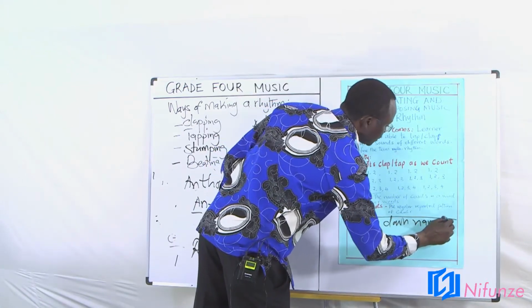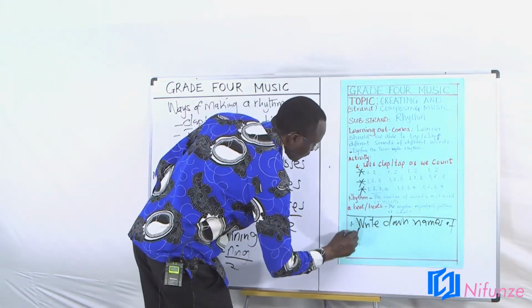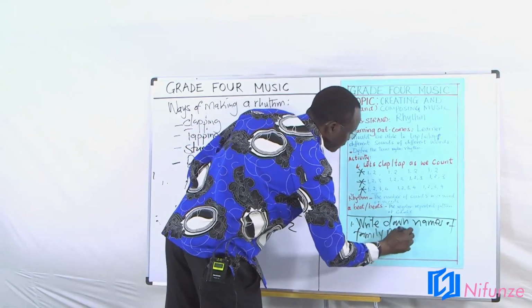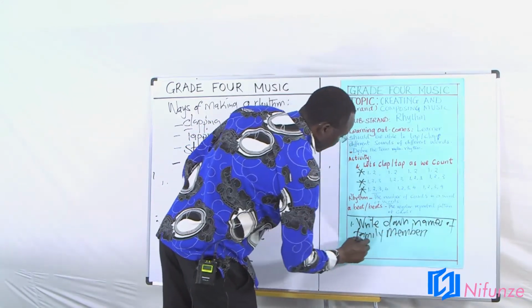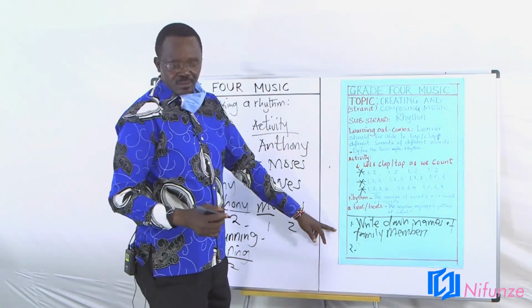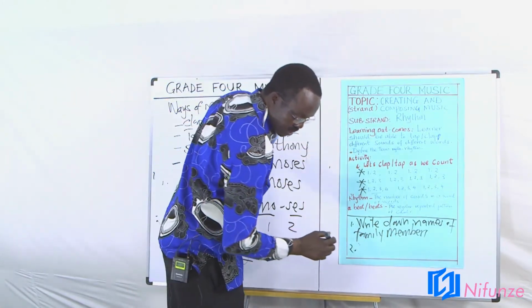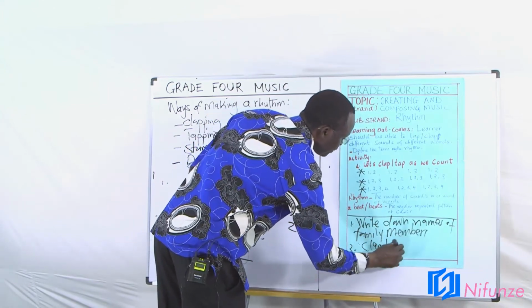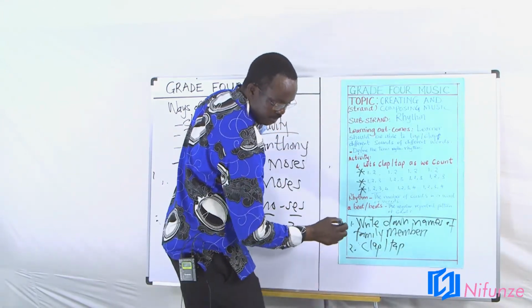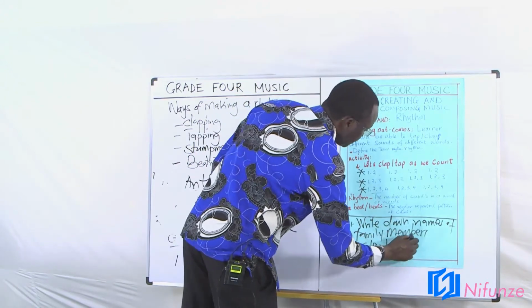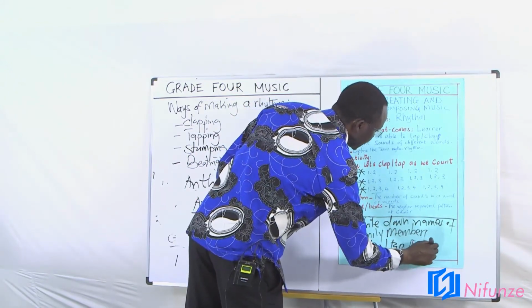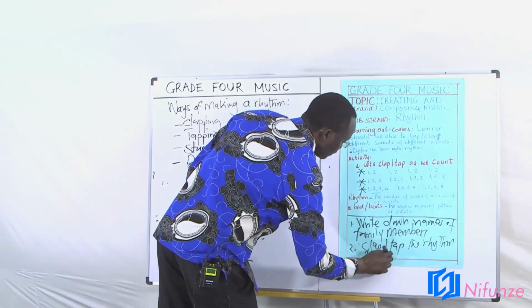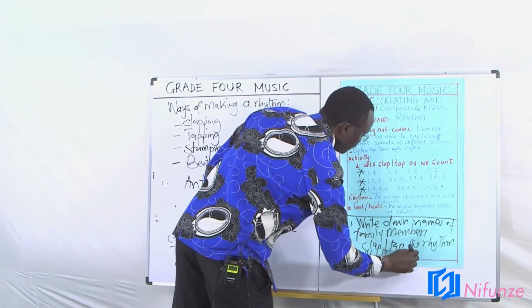Write down the names of your family members. After you have written the names down, then clap or tap the rhythm of their names.